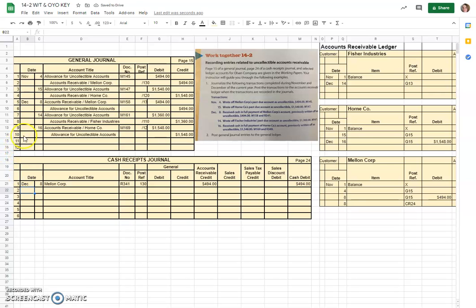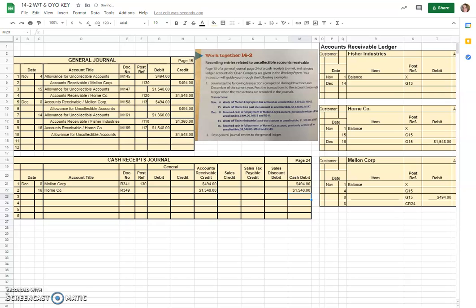And then the other one was on December 16th where they paid. So we'll go ahead and write 16th here, and it was to Horn Company. Receipt 349. And accounts receivable credit of 1548 and a cash debit.